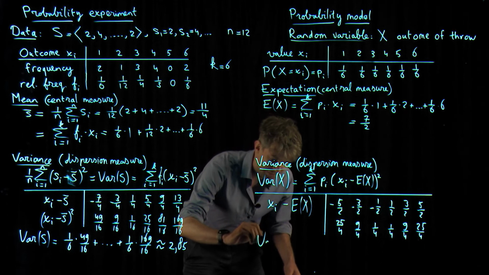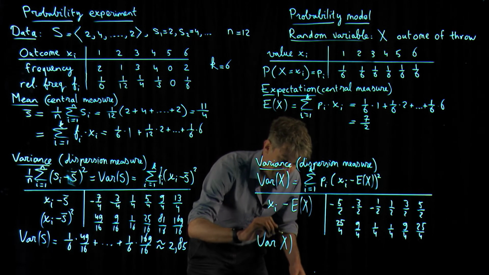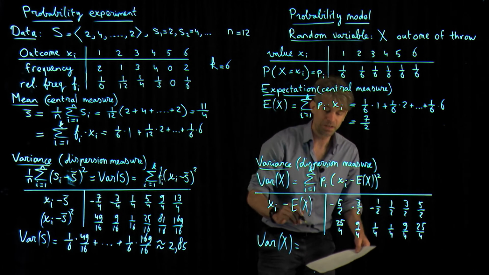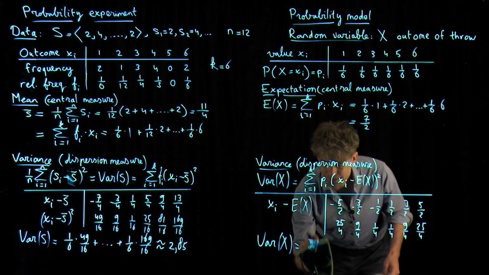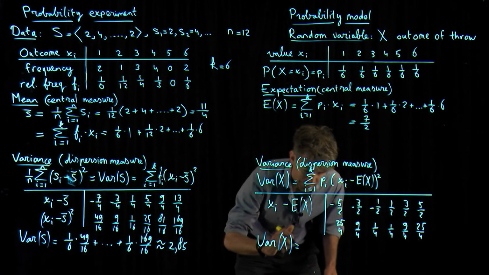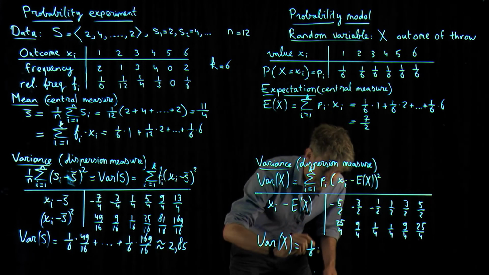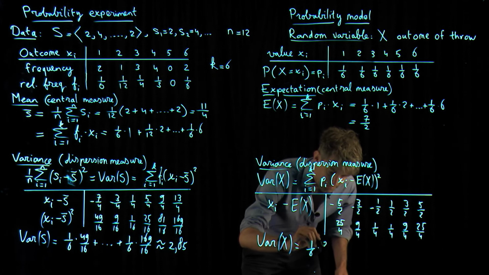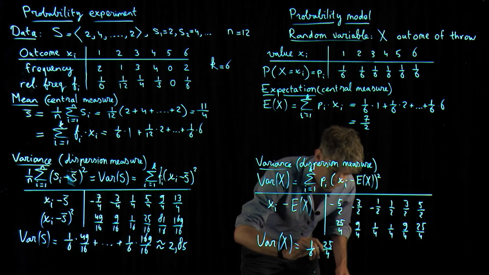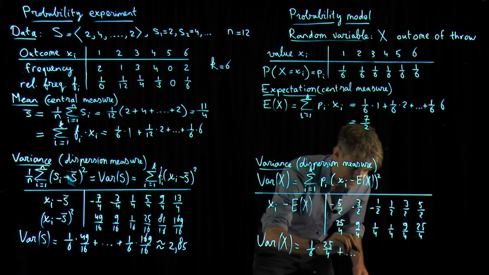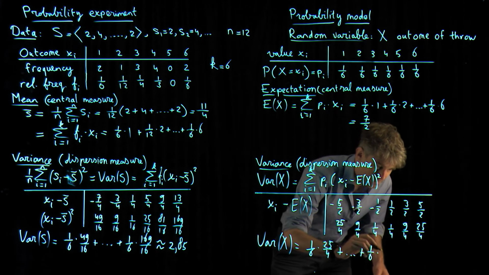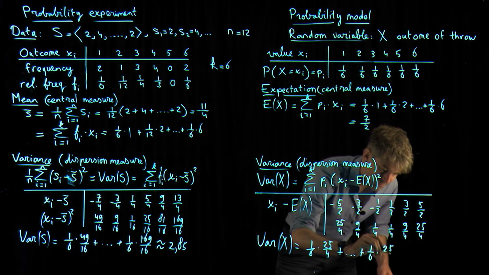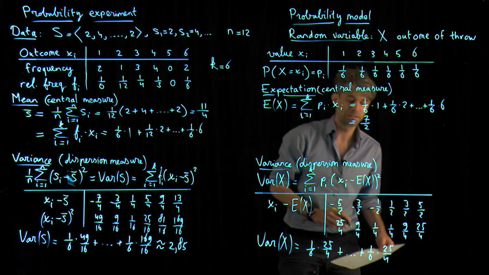So the variance of x is the sum. No, let's not write the sum. We're just going to do it, right? It's 1 over 6 times 25 over 4 plus all the other ones plus 1 over 6 times 25 over 4 and everything in between.